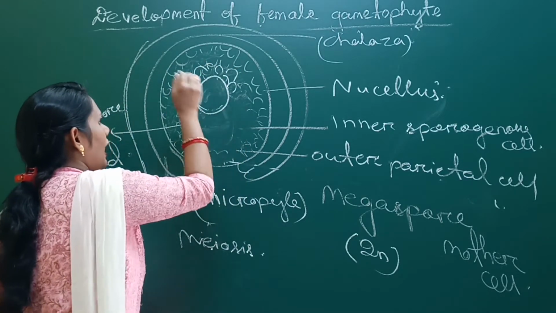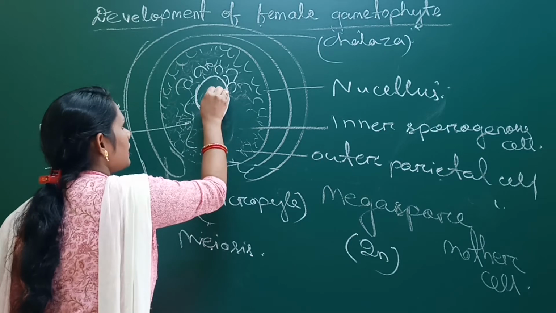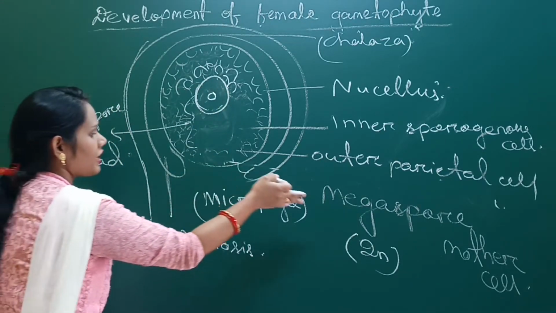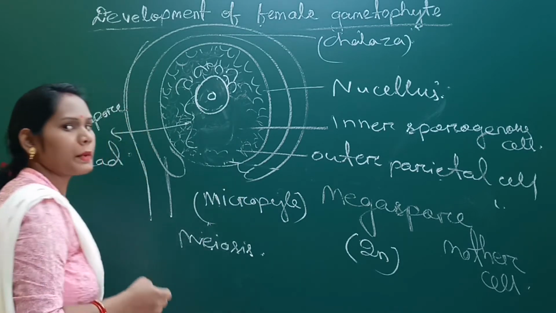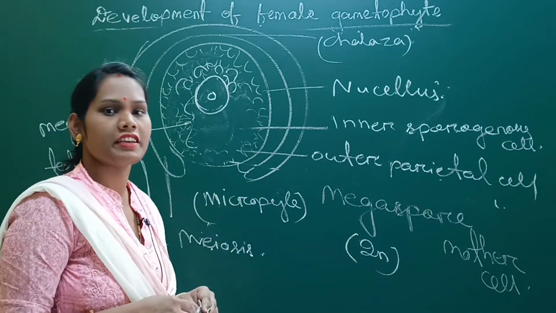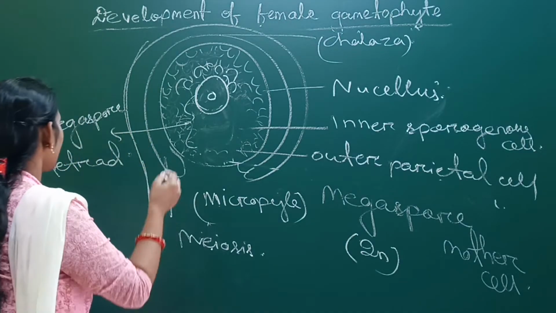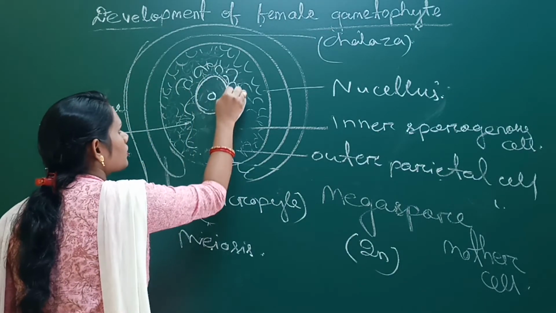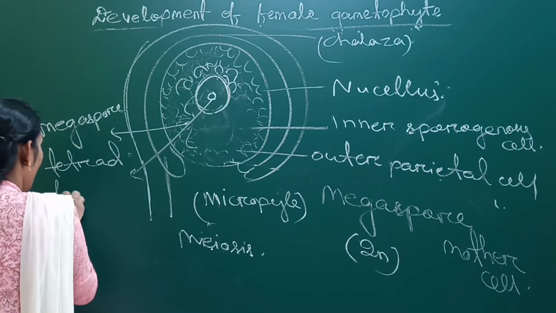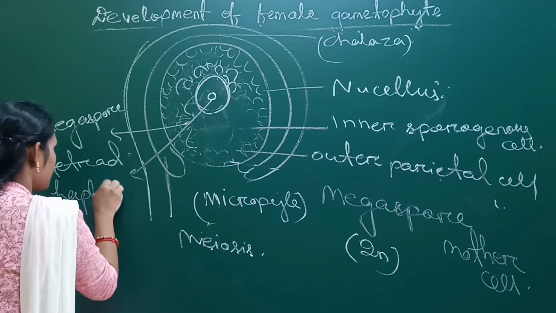It has a haploid nucleus because the megaspore mother cell divided meiotically. Meiosis is reduction division, which is why this megaspore has a haploid nucleus.